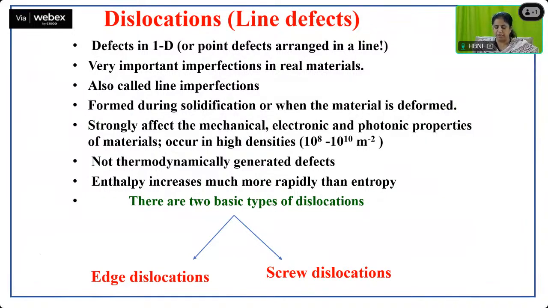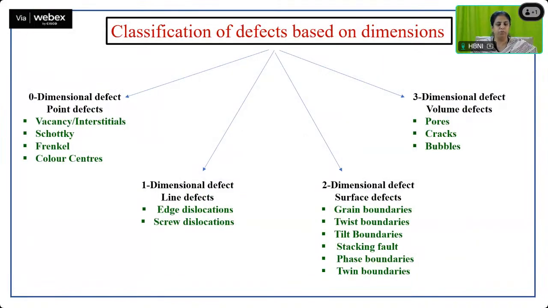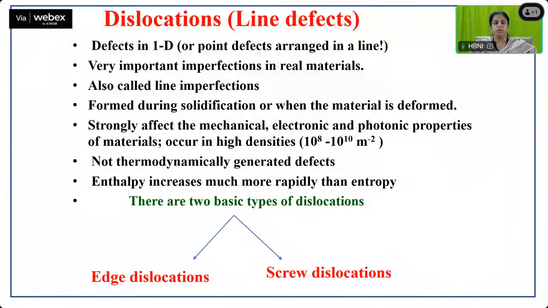So talking of 0D defect, we have already talked about, so we'll not talk about them again. 1D defects, okay, as the name suggests, the defects that are in one dimension. And we can also call them point defects that are arranged in a line because that also becomes one dimensional. Now they are important because they affect the mechanical, electronic, and photonic properties of the material.